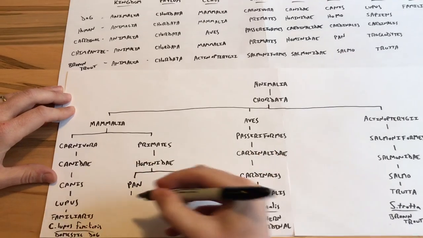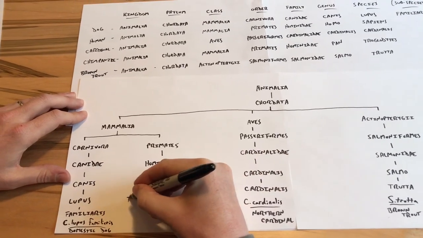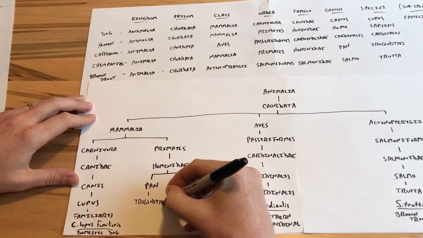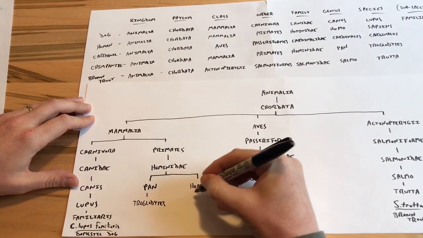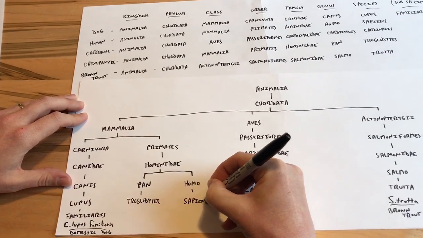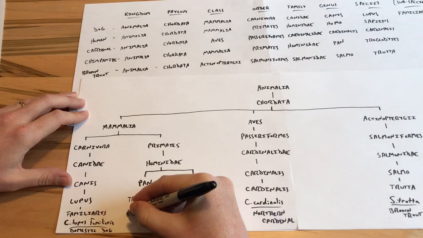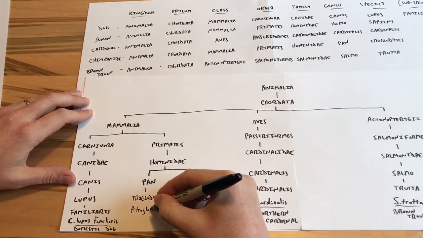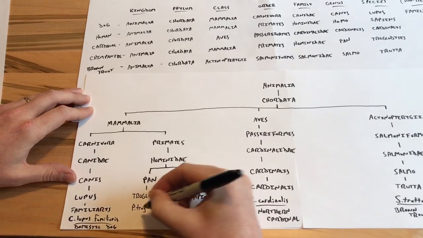The chimp species name was Troglodytes. And the human was Sapiens. So again, if we're going to write those out, it'd be capital P, Troglodytes, all lowercase on the species name.